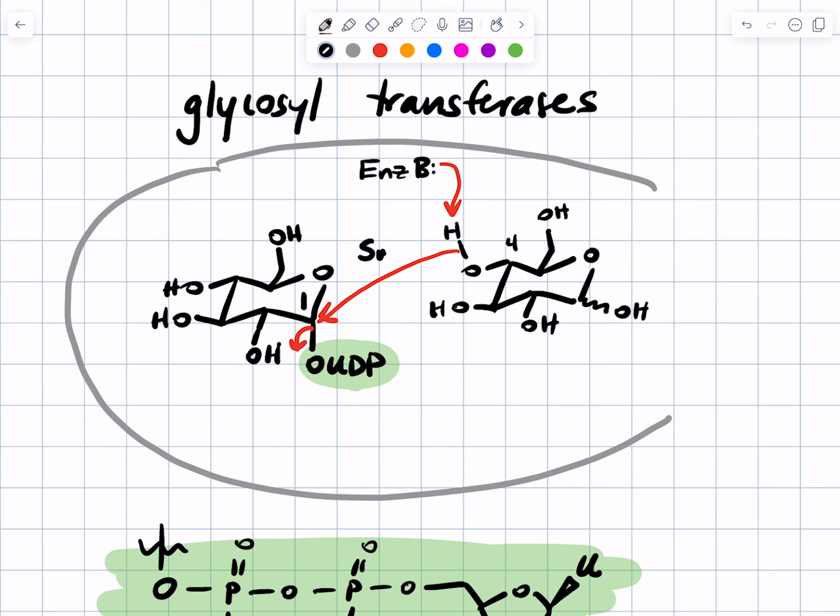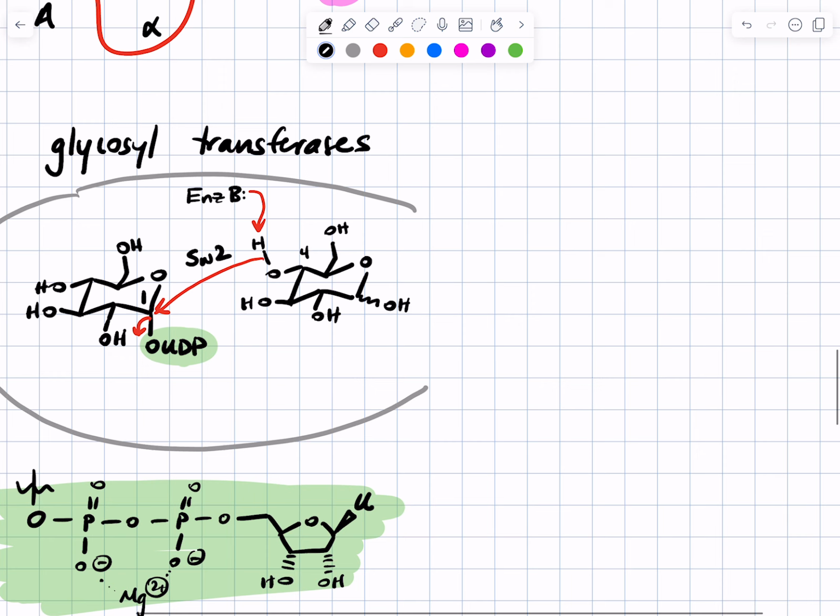That mechanism is SN2. Do you see how that would control stereochemistry at C1? What happens in SN2? You get backside attack, and then what happens to the stereocenter? It inverts, right? So this used to be alpha-linked UDP glucose, but the nucleophile attacks from the top face, and that's why you're going to get the beta linkage.